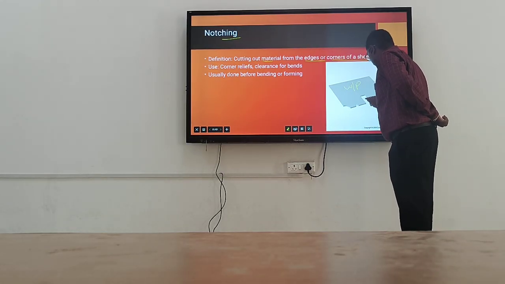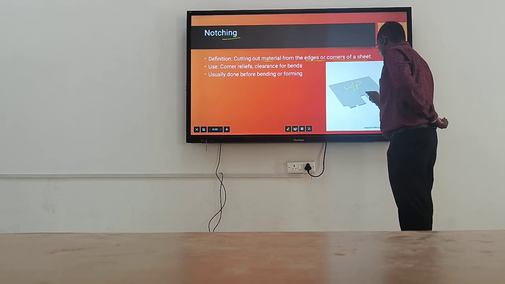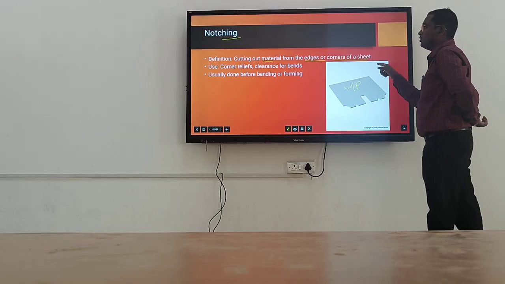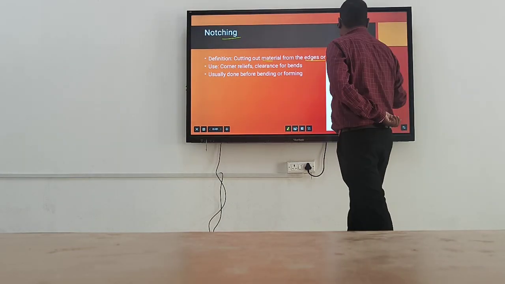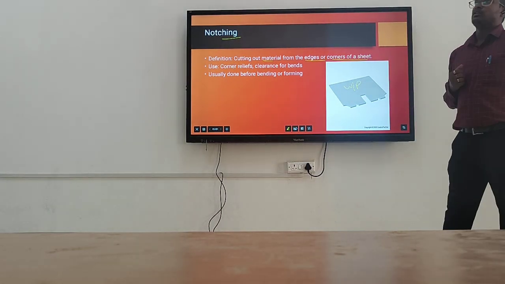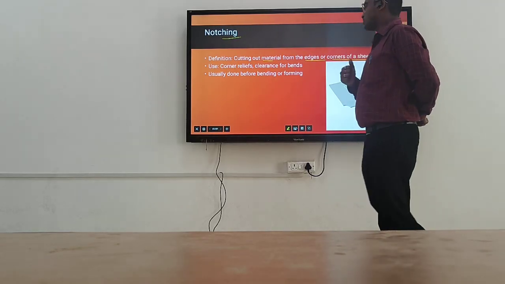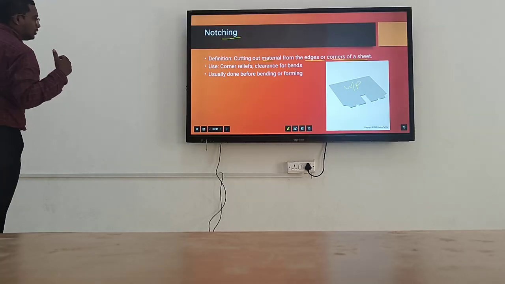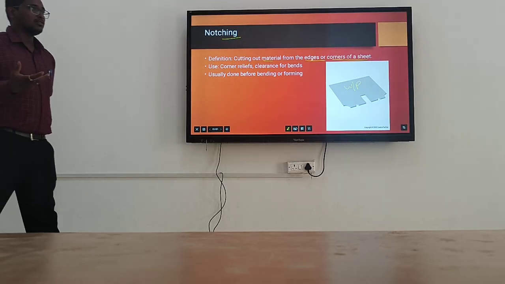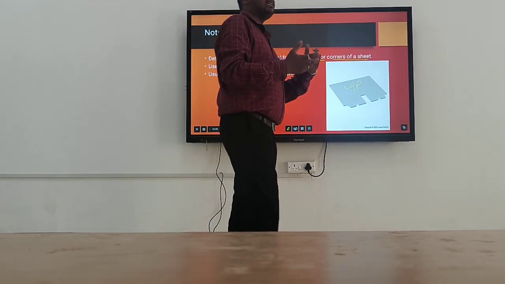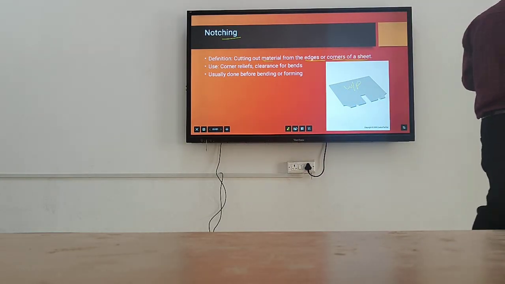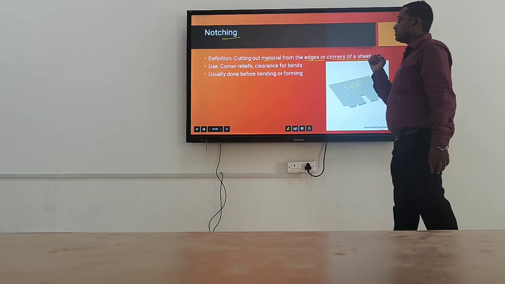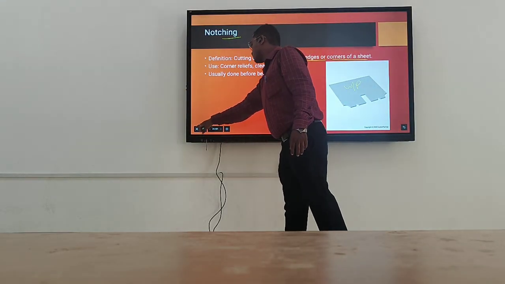If we cut this type of shape, it's called the notching process. It is mainly used in the automobile industry, for home related work, so basically we use it in that process. Okay, right.